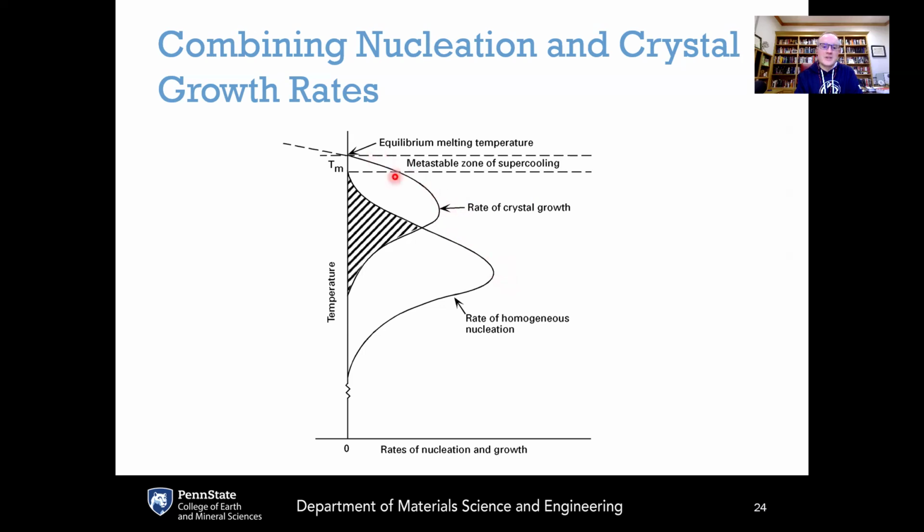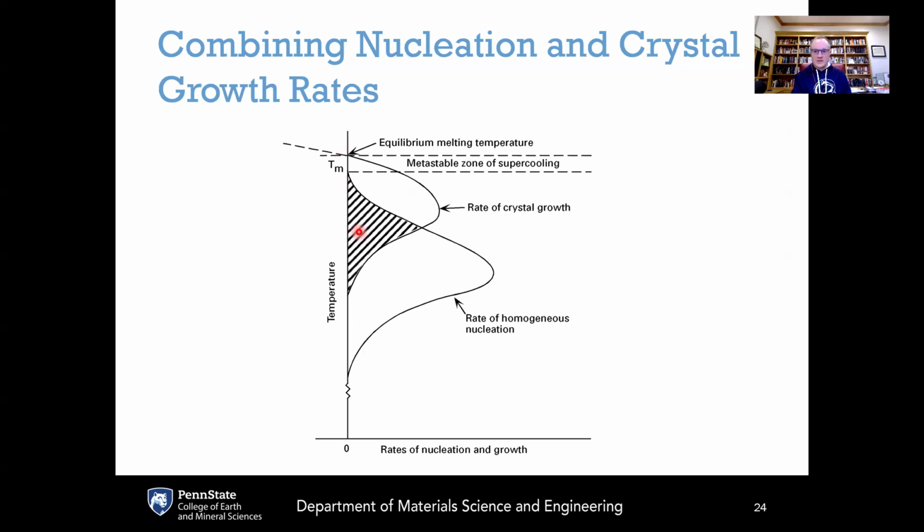Another difference is that if you take this rate of crystal growth, which also passes through 0 at the melting temperature, if this goes to even higher temperatures, the rate of crystal growth becomes negative at higher temperatures because the crystal is melting, whereas the rate of nucleation just stays at 0.